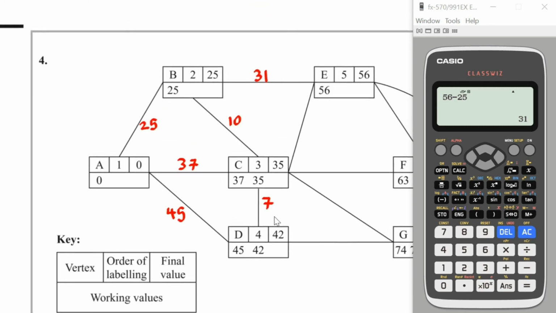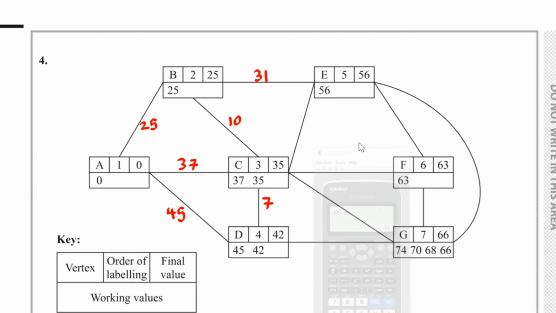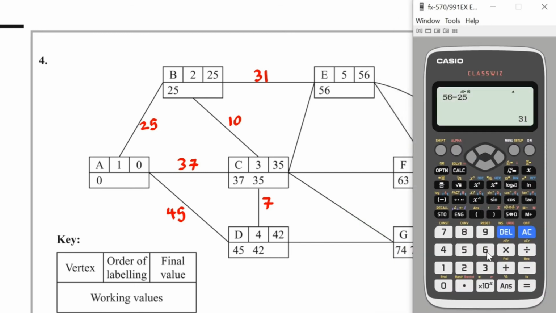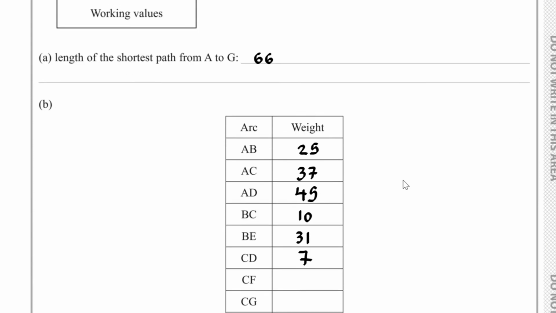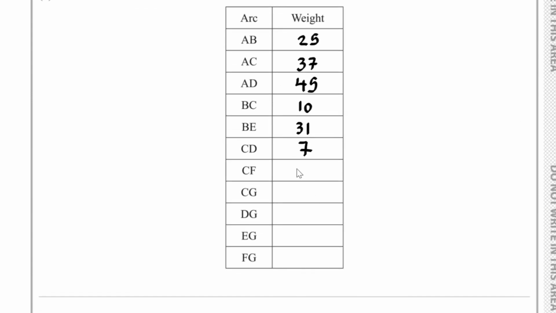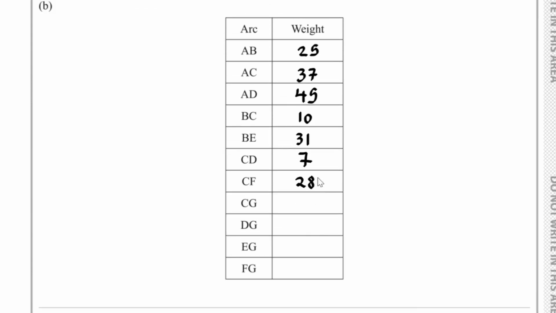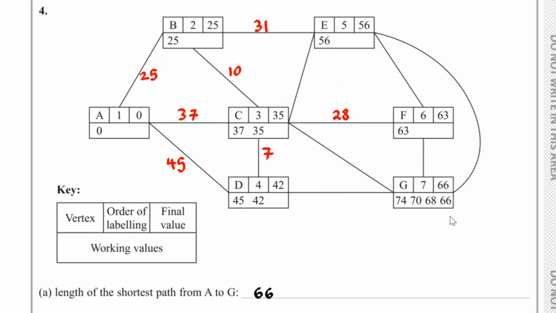CF, we are at C, we want to get to F, so we've got 63 here. We started at 35, so 63 take away 35 is 28. So 28 goes here. And then CG, so that's here to here.